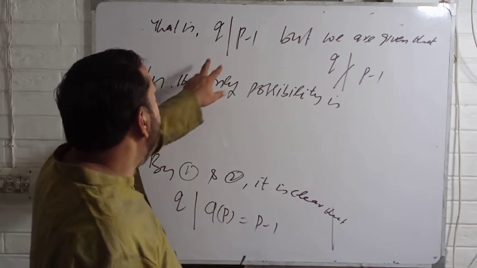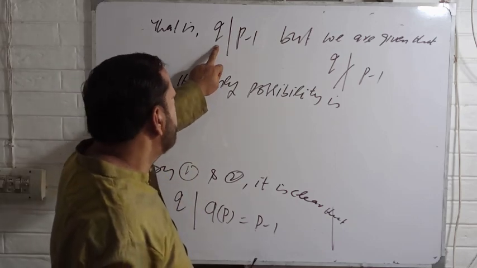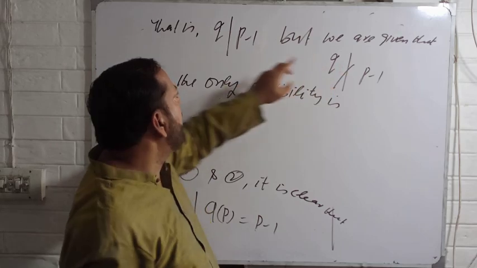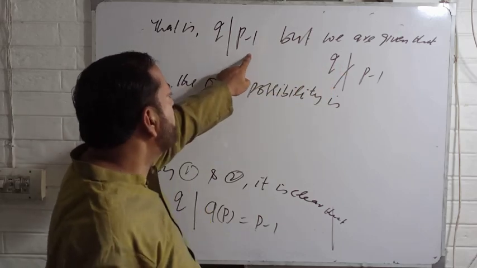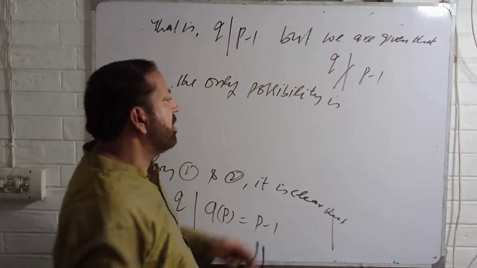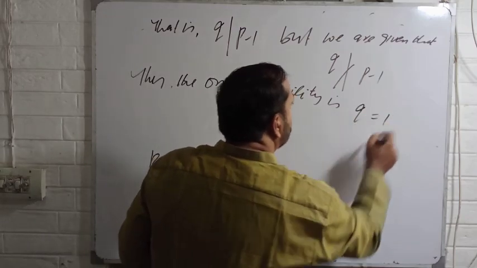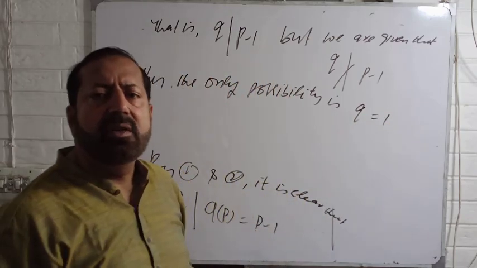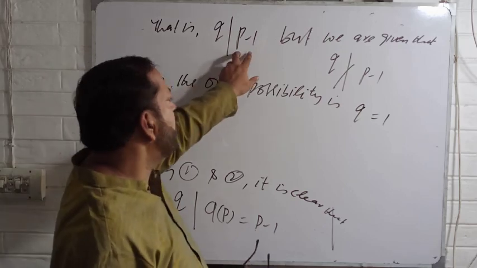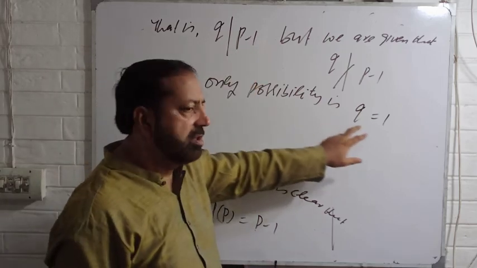So the only possibility for which this is true is q is 1. That's the only possibility, q is equal to 1. You know that 1 is a divisor of every integer. So 1 can divide p minus 1. So here q is 1.